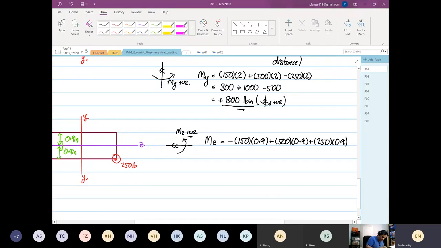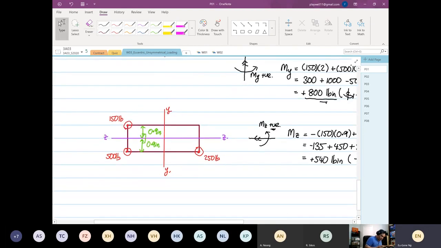So what we have over here is minus 135, then plus 450, and then plus 225. So from here, you're going to get a positive value, which means the assumed direction is correct. So you have 540 pound inch, and we know that the moment direction is going this way.